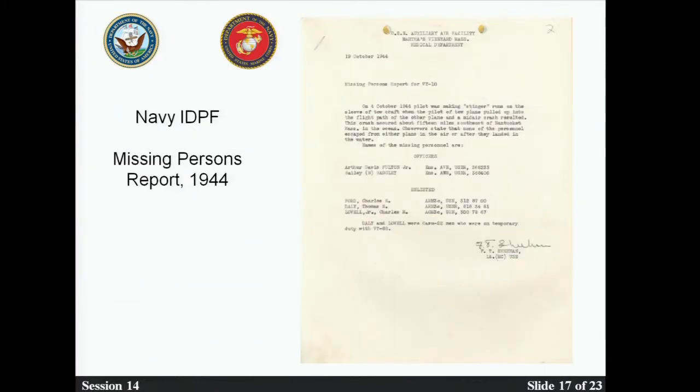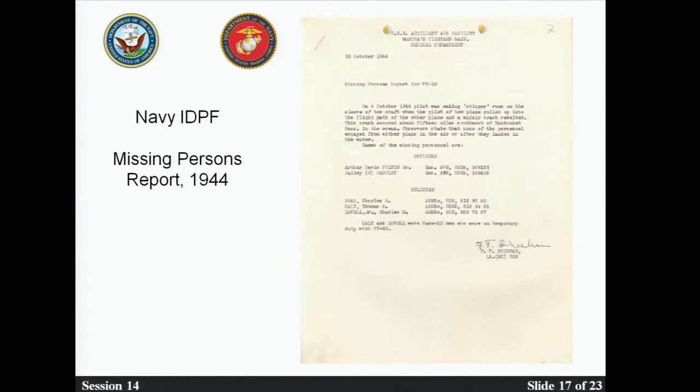This is a missing persons report from 1944, and it's a letter from the unit. In this case was a medical department at Martha's Vineyard Airfield, and up off the coast there was an accident, and these Navy personnel were lost at sea.